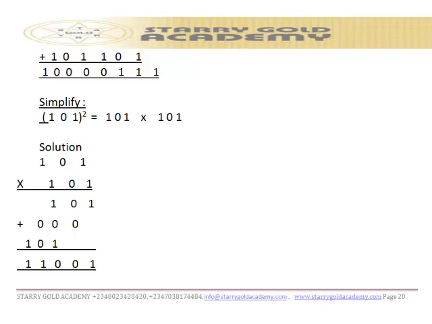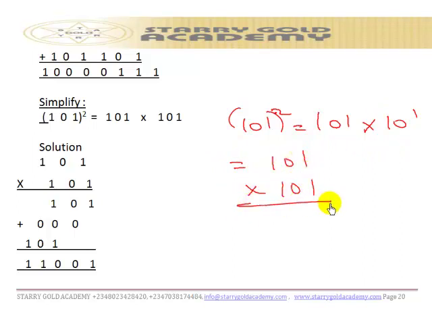So you have another one, 101 squared. You know that squaring a number means multiplying the number by itself. So 101 squared in base 2 means 101 times 101. 1 times 1 is 1, 1 times 0 is 0, 1 times 1 is 1. 0 times anything in the world is 0. 0 times 1 is 0, 0 times 0 is 0, 0 times 1 is 0. 1 times 1 is 1, 1 times 0 is 0, 1 times 1 is 1.